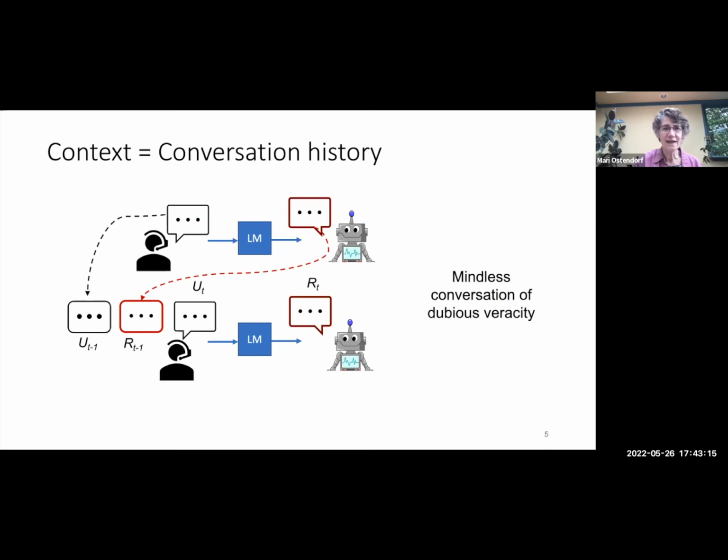So let's take those one at a time. With conversation history, we have a person talking to the language model, the system responds, and then we're going to take those two turns, copy them, and tack them onto the history, and then the new utterance will come in, and the language model will use that whole sequence to generate the next response.